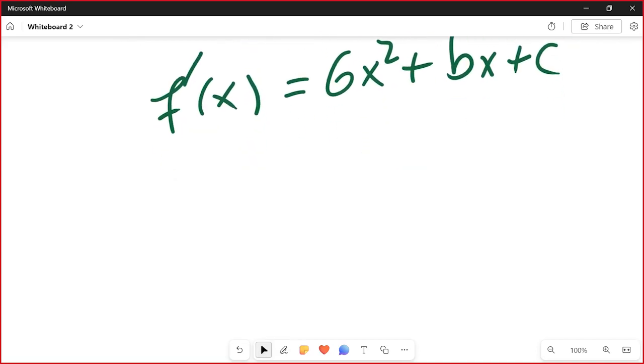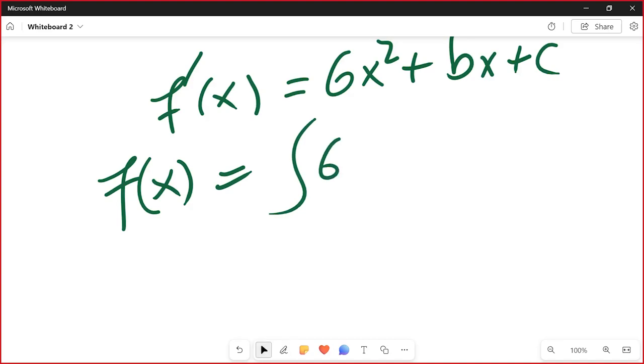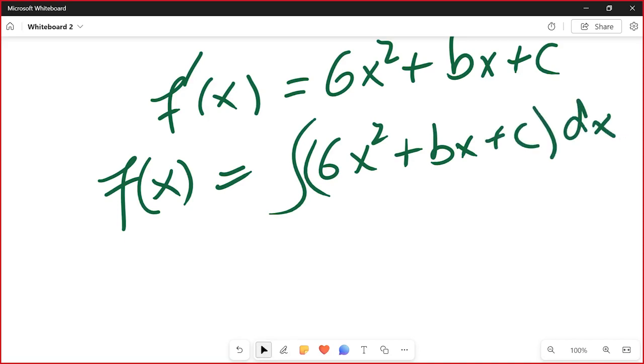We want to find f(x). So f(x) would be the antiderivative of this, right? So it would be the integral of 6x square plus bx plus c dx. All good?